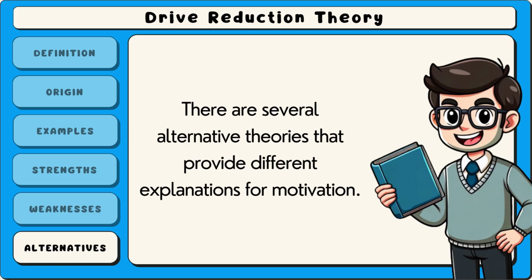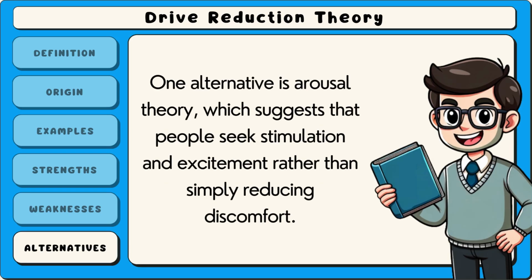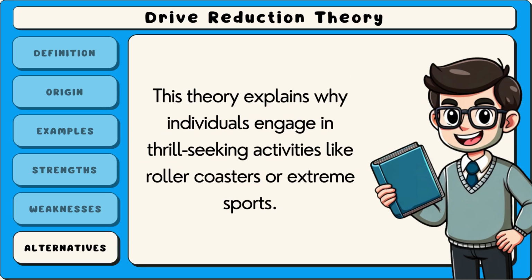There are several alternative theories that provide different explanations for motivation. One alternative is arousal theory, which suggests that people seek stimulation and excitement rather than simply reducing discomfort. This theory explains why individuals engage in thrill-seeking activities like roller coasters or extreme sports.